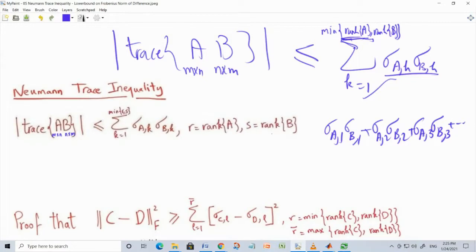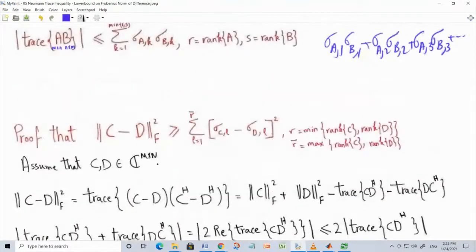It's a very useful inequality, so keep it in mind whenever you have a problem in which you need a bound on the magnitude of the trace. We'll use it now. Suppose you have two matrices, C and D, of the same size. You compute their difference and take the Frobenius norm of the difference squared.